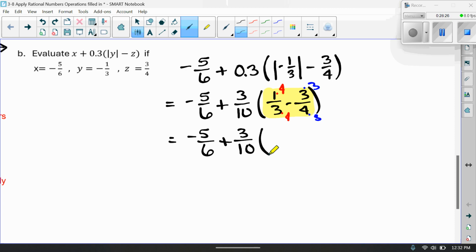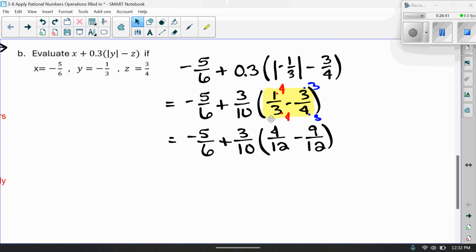So that's going to be 4/12 minus 9/12. And now you can see that this is what we need to simplify. So 4/12 minus 9/12. Remember, if we do keep, change, that's going to give us a -5/12.